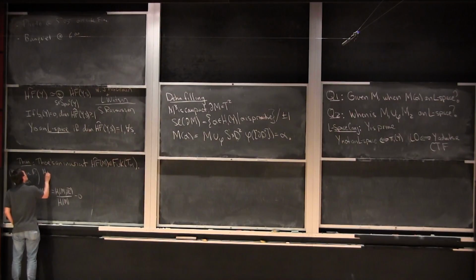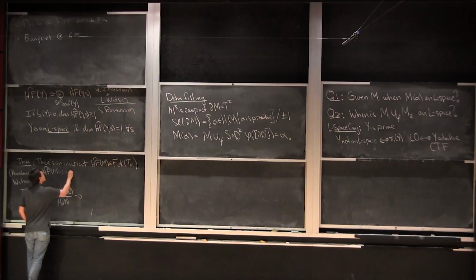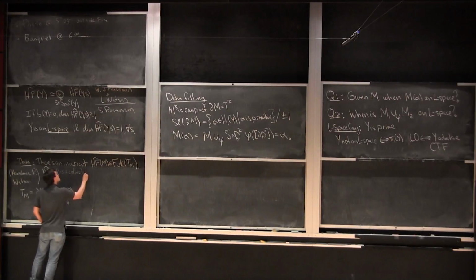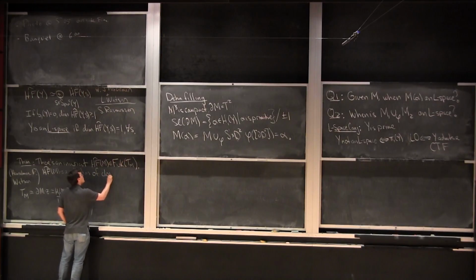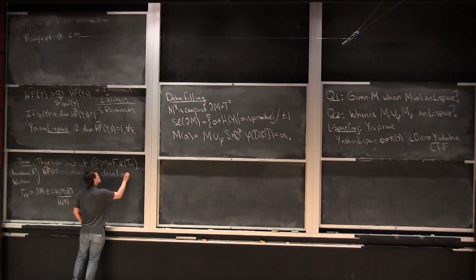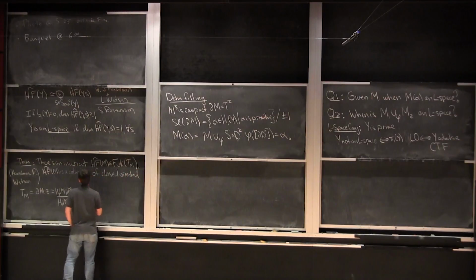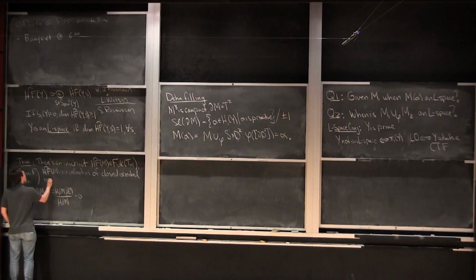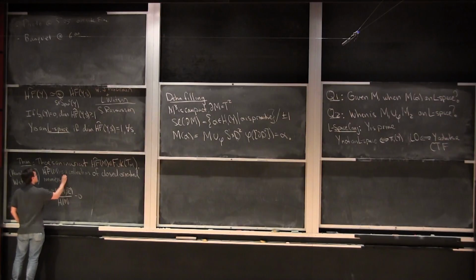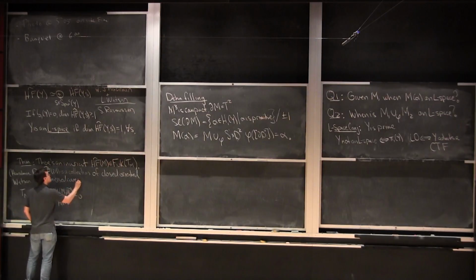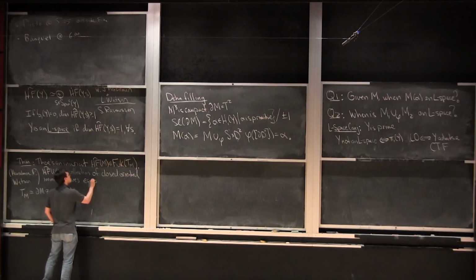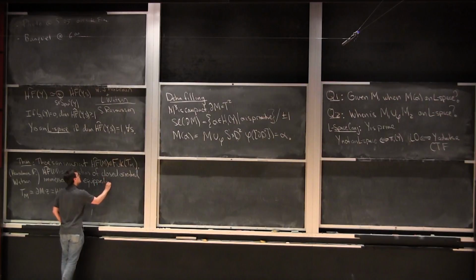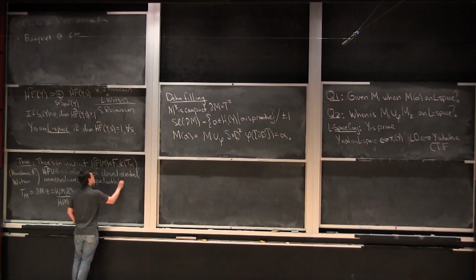So HF hat of M is a collection of closed, oriented, immersed curves in TM. Well, maybe they're equipped with local systems.